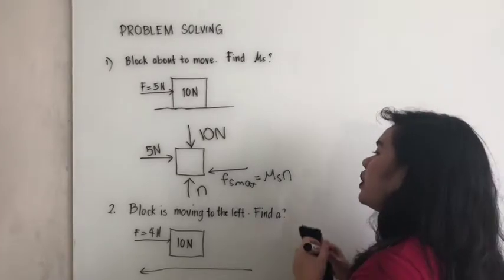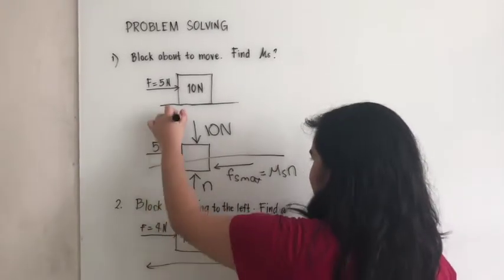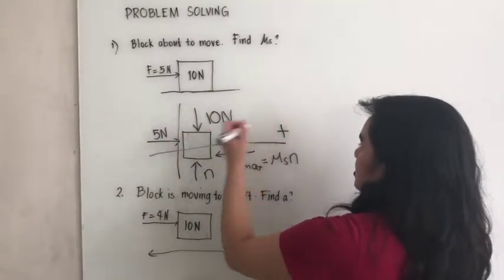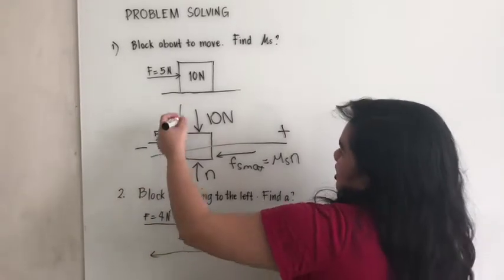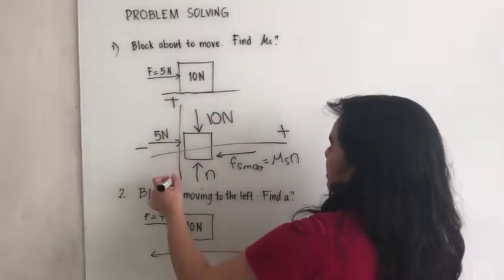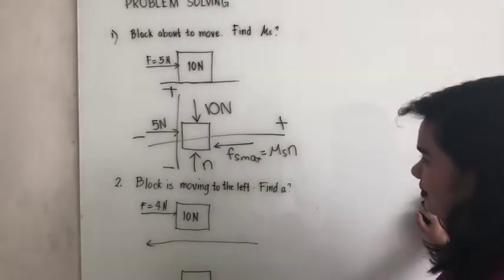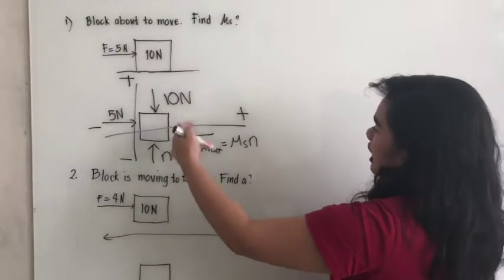And now what we are going to do is draw two axes. Since the block is going to the right, this would be the positive and this would be negative. In the y-axis, it isn't important where is positive and where is negative. First, we're going to find the value of n.